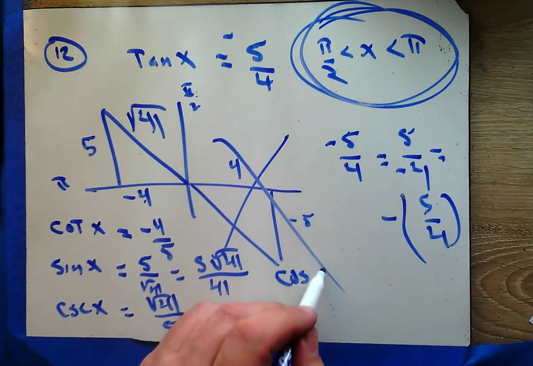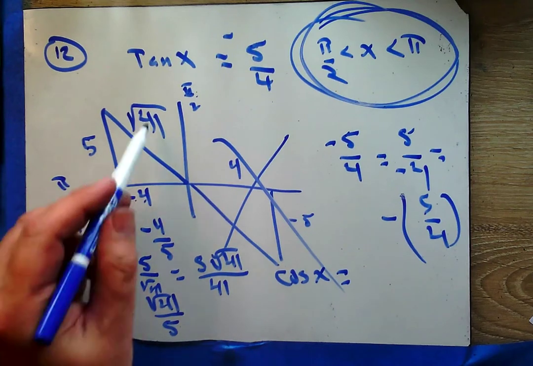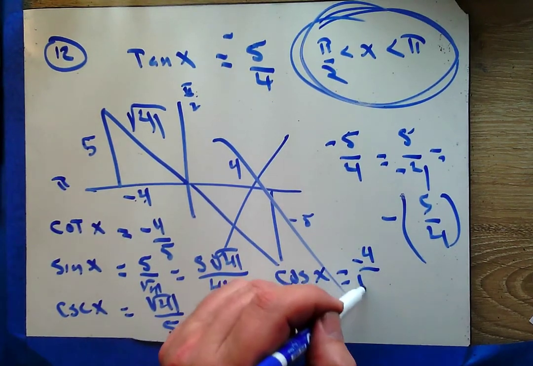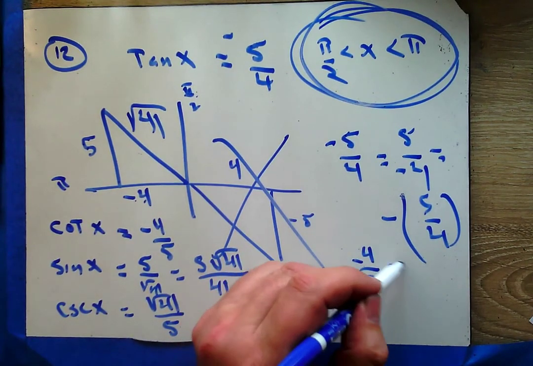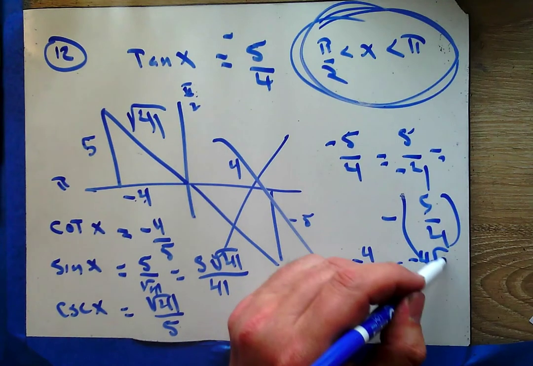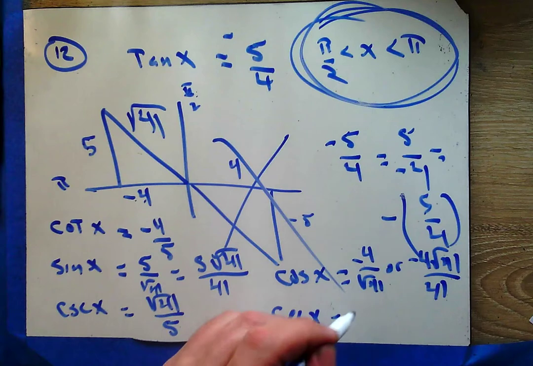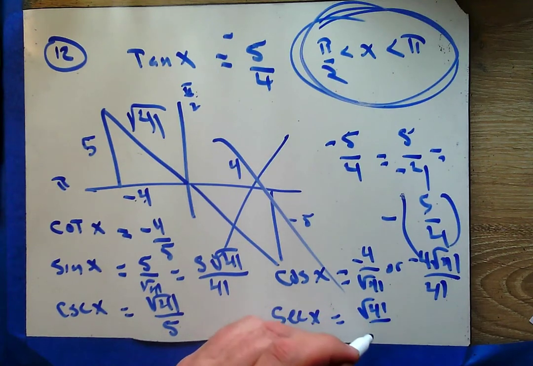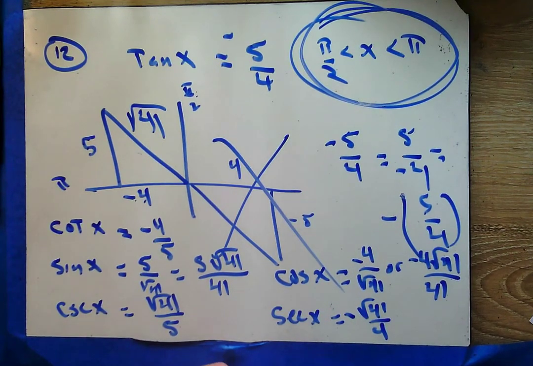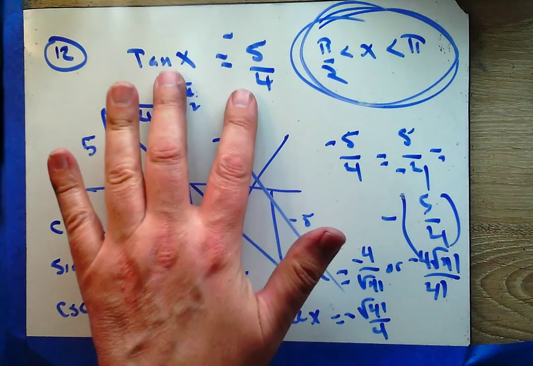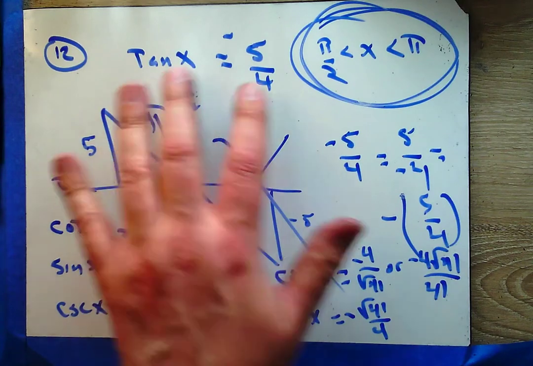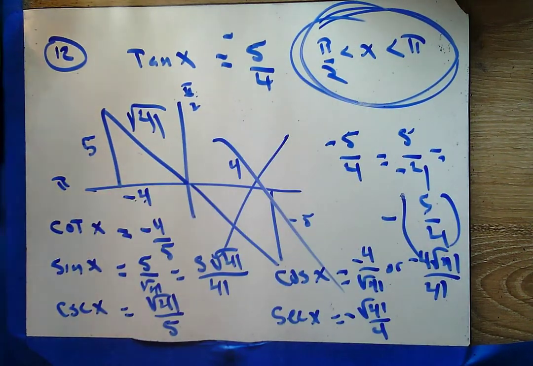And what about cosine? Cosine is adjacent over hypotenuse, negative 4 over root 41, or negative 4 root 41 over 41. And therefore, secant is going to be root 41 over 4, and don't forget to have a negative on that. Okay, that's what problem 12 was looking for, the other 5 trig ratios, if you knew this about the angle and you know the angle lived there.